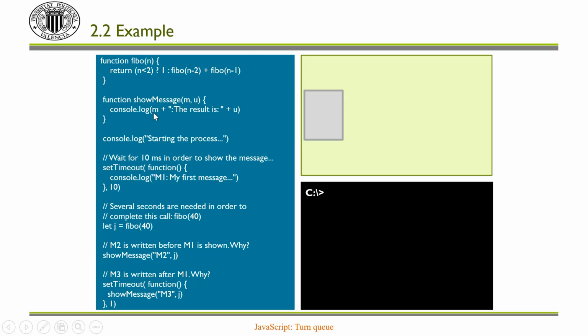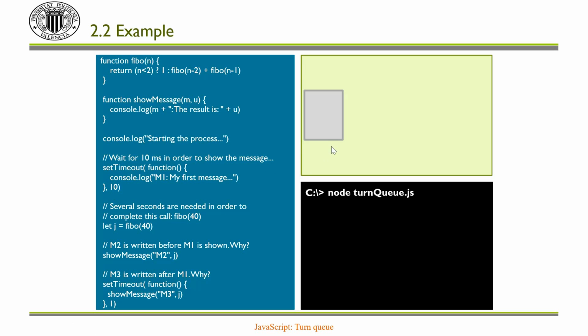The first one is considered a prefix in the message, and the second one is presented as the result of a previous step in the execution. Later on, we will show a given sequence of messages. Let's follow its trace in order to see which are the contents of the turn queue and when each one of those events has been generated.